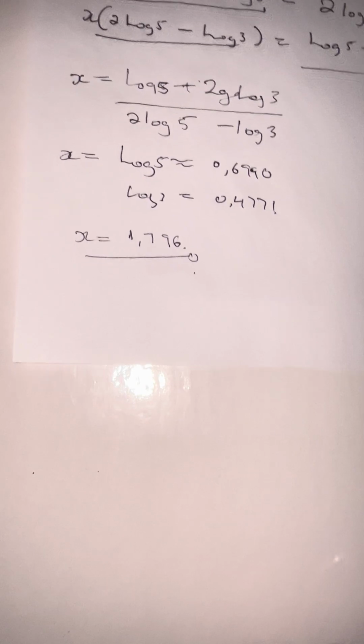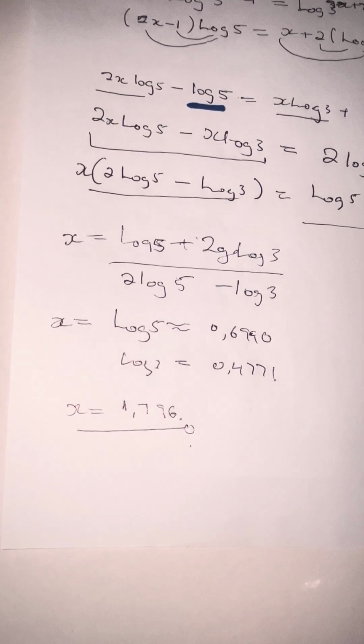So I want us to check if this is equivalent to that. All right, how do we check that? How do we check if they are equivalent to each other? Now, we are going to verify after.